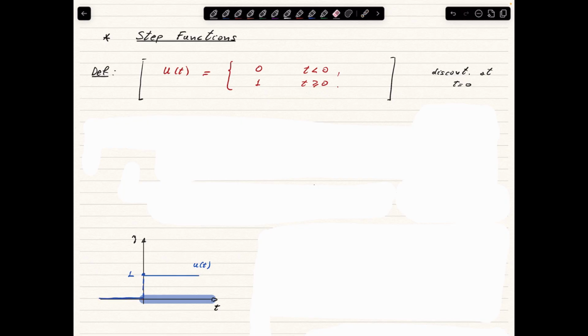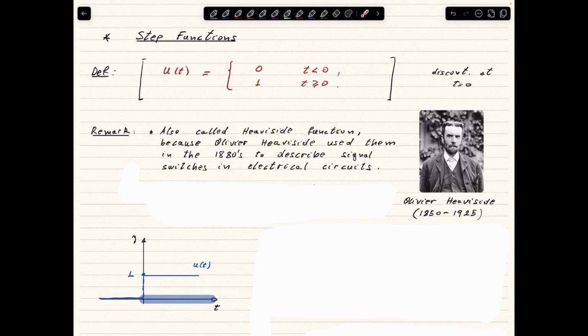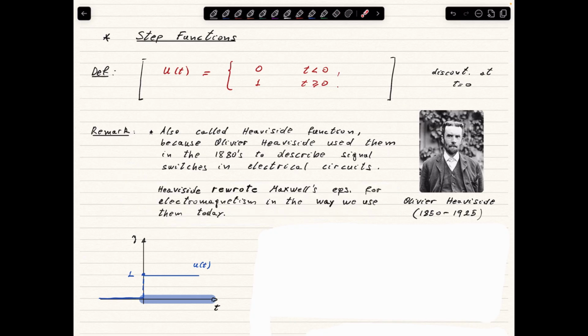That's why it's called a step function, but they are also called Heaviside functions, in honor of Oliver Heaviside, who made them very popular in the 1880s when he used them to describe switches in electrical circuits. Heaviside is also famous because he rewrote Maxwell's equations for electromagnetism in the way that we use them today.